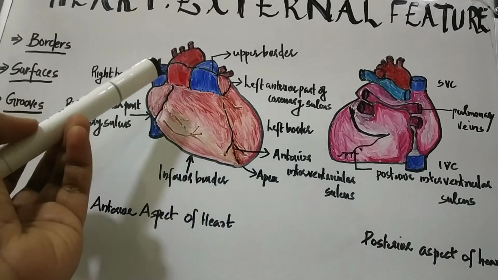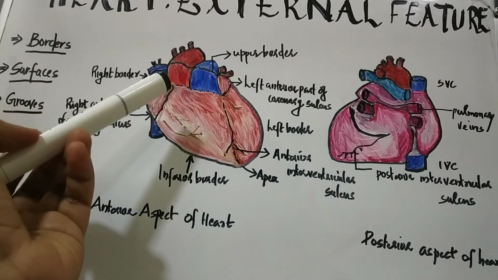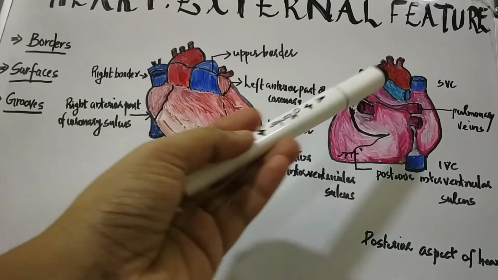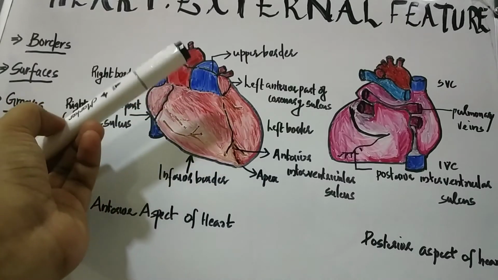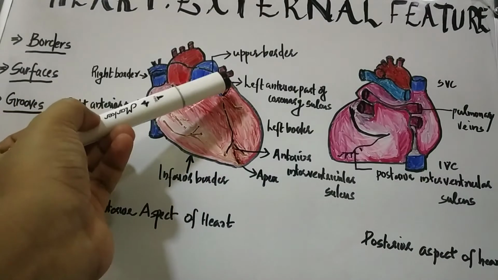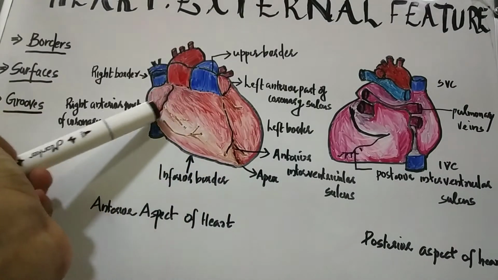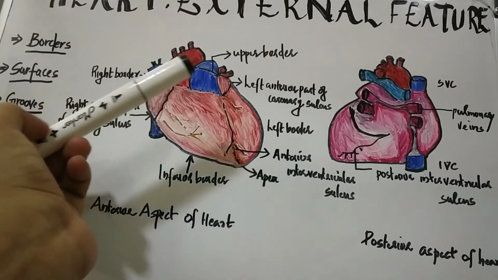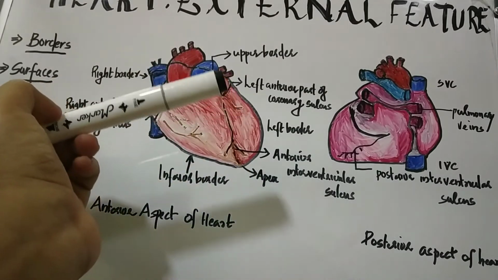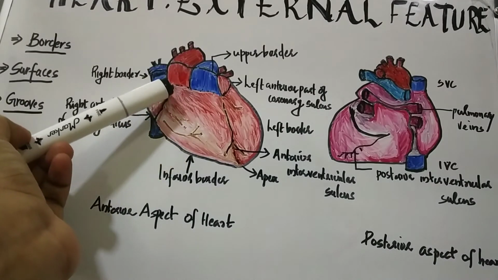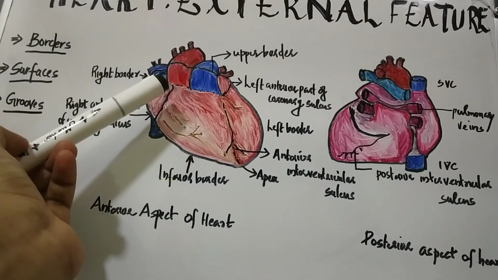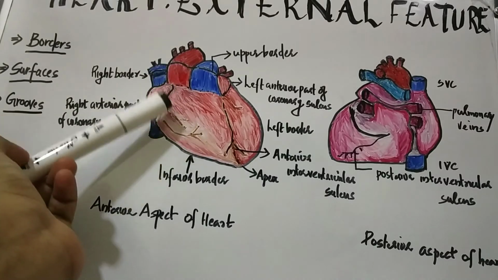The atrioventricular sulcus has an anterior part and also a posterior part. The anterior part has a left half and a right half. This is the right half and this is the left half of the atrioventricular sulcus. The right half lodges the right coronary artery.